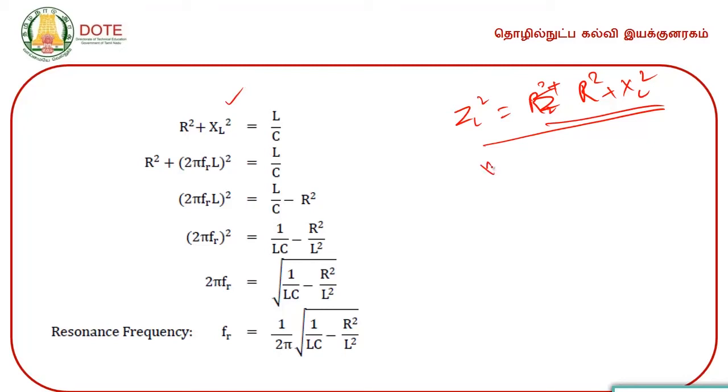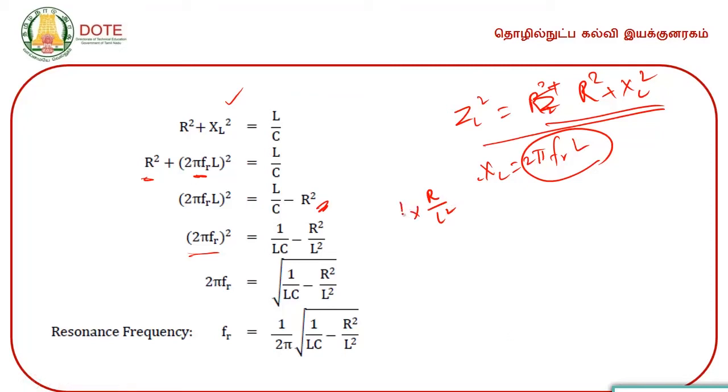So, substituting the value of R square plus XL square in the place of ZL square, and then we know that XL is equal to 2 pi FR L. I am going to substitute the value of XL here, then I am keeping this 2 pi FR L the whole square on the left hand side and bringing this R square to the right hand side, it becomes minus R square, then 2 pi FR the whole square is equal to 1 by LC minus R square by L square.